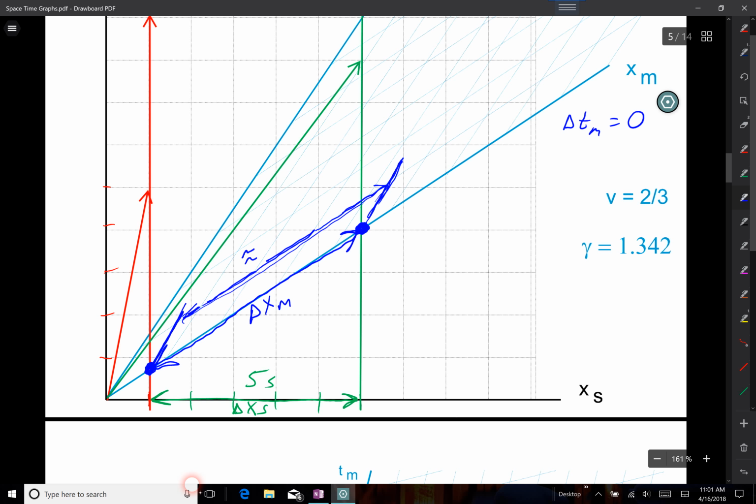So it looks like it's approximately 3.7 seconds. When you do the actual calculation, you should come out to something like that, somewhere between 3.5 and 4 seconds. Okay? That's an approximation. You should do it more carefully using the Lorentz equations.